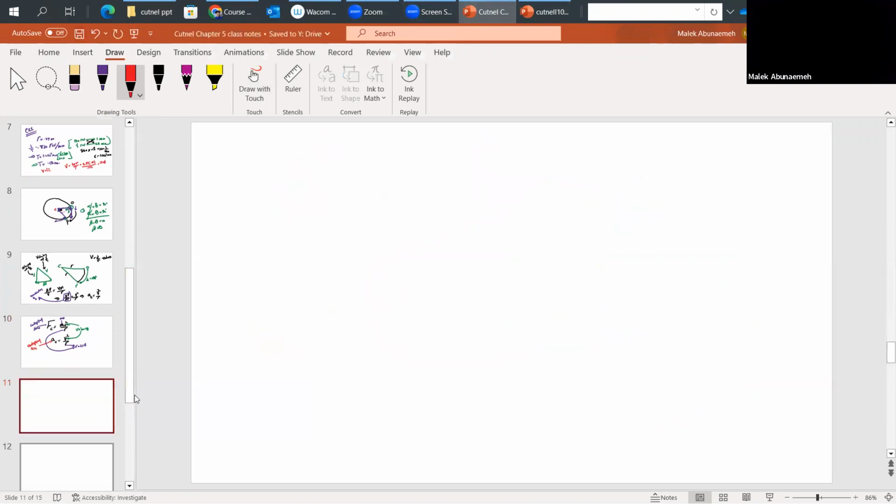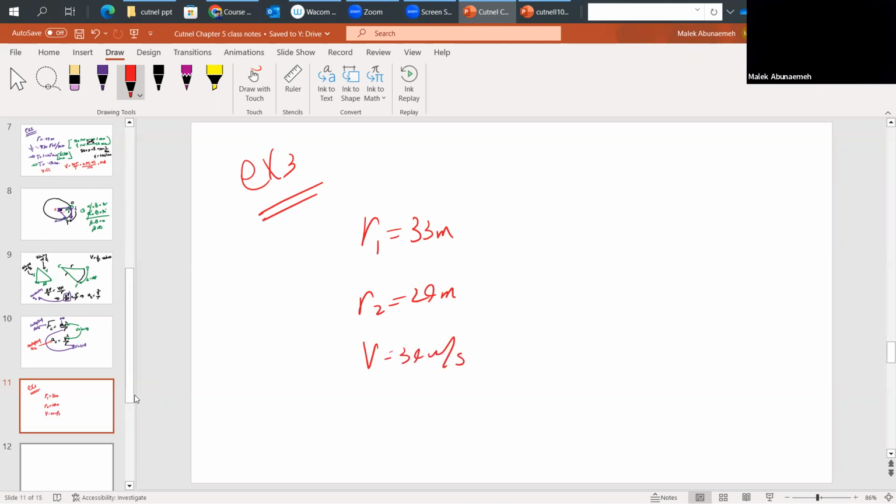So going into our example 3, your r1 equals 33 meters, r2 equals 24 meters. Your speed is 34 meters per second, and you're looking for your acceleration in g, in gravity.